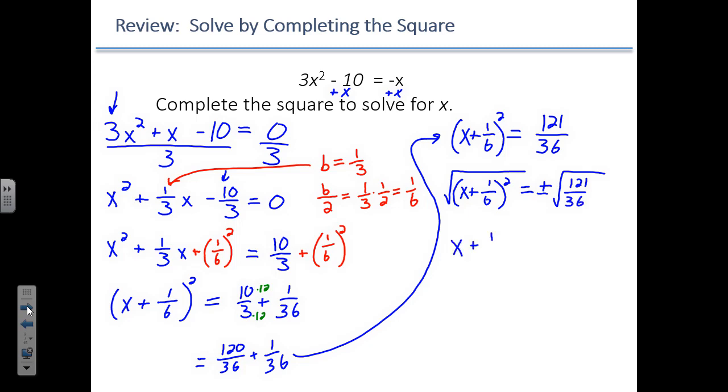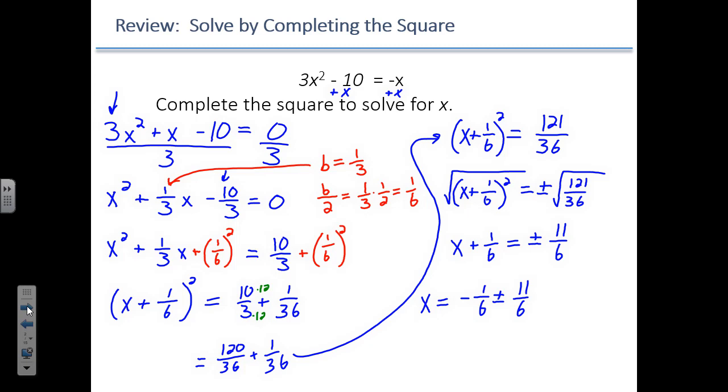When we do that, we get x plus 1/6 is equal to plus or minus 11/6. So let's subtract 1/6 from both sides, and x will be equal to negative 1/6 plus or minus 11/6.